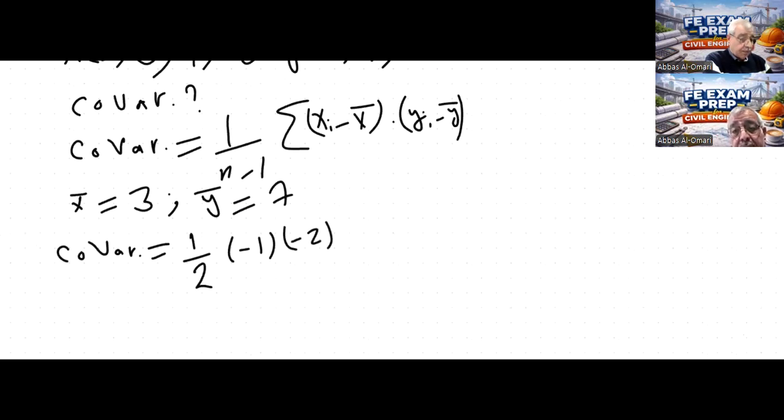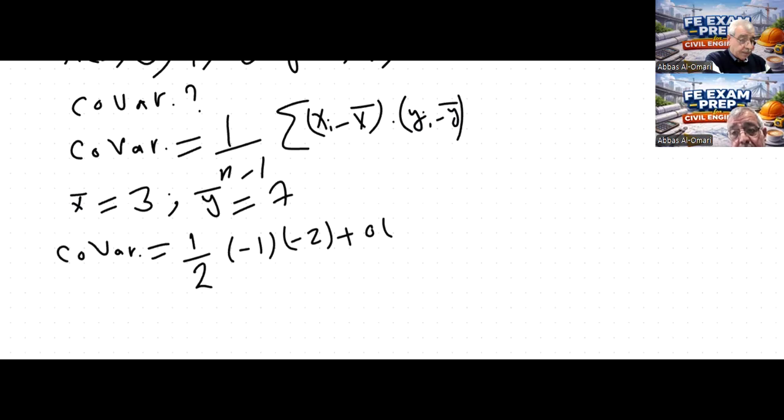This is the first term. The second term is 3 minus the average, 3, which becomes 0, multiplied by 7 minus the average, 7, which is again 0.